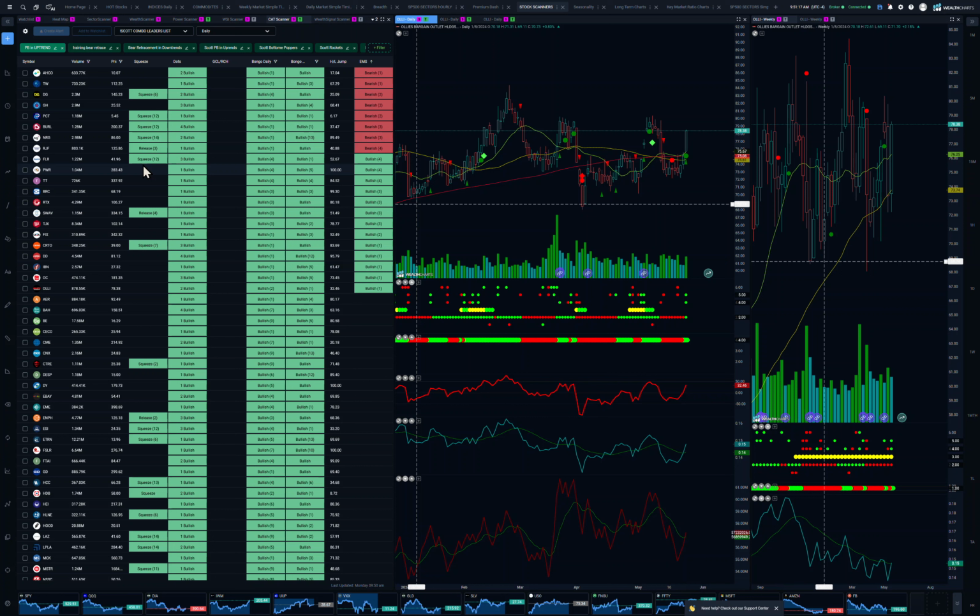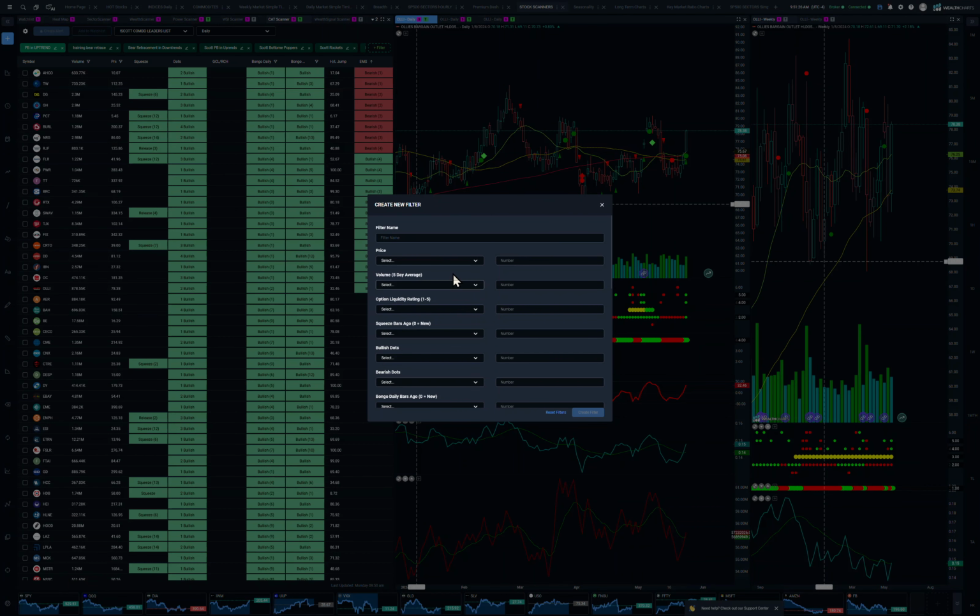All right. So what I've done is I've also created the ability to set up scans. So I'm going to create a filter for pullbacks and uptrends. We're going to call this Web pullback and uptrend. So you have to figure out your game. Price: I like stocks that are greater than or equal to $10.